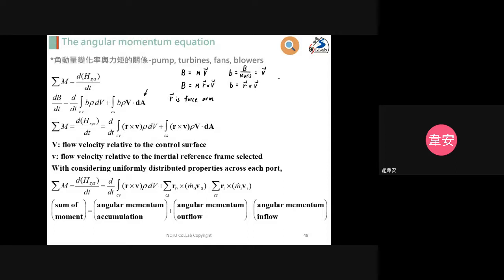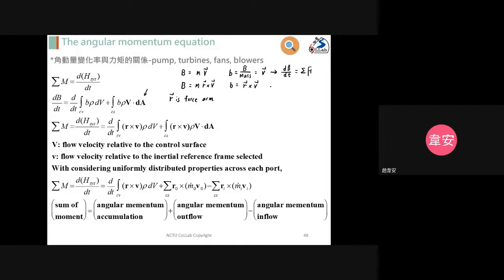For the first one, the momentum equation, the dB/dt is equal to the sum of the forces.